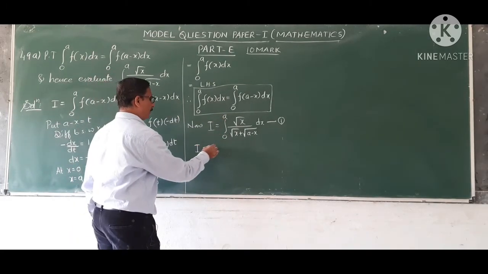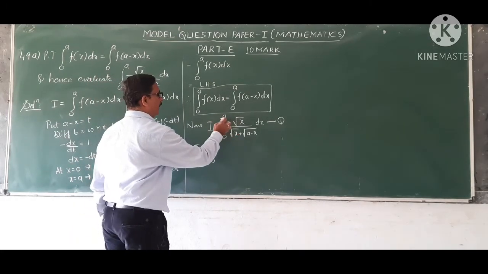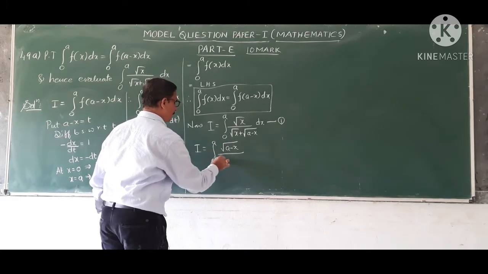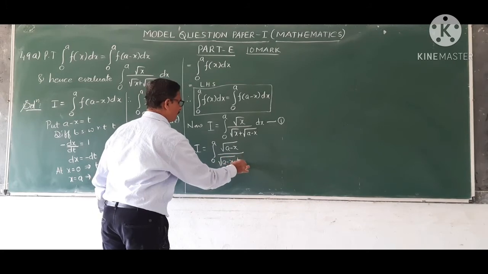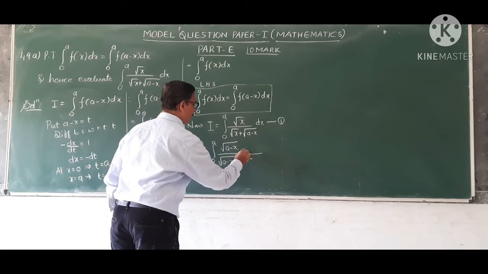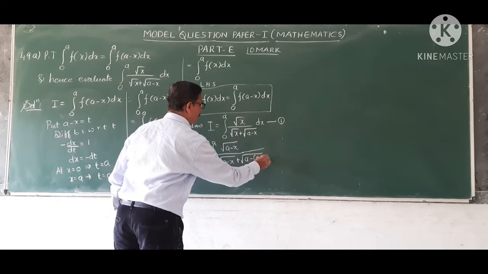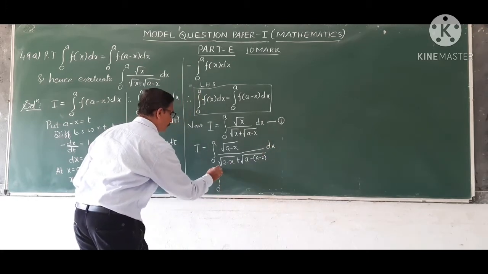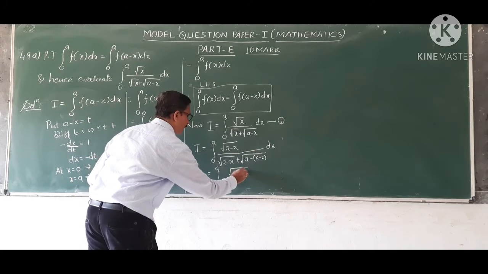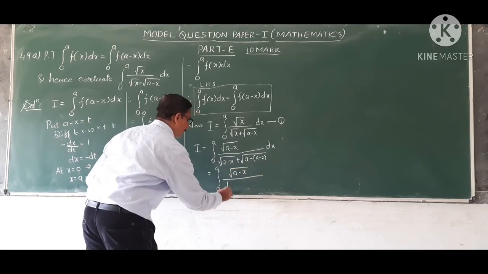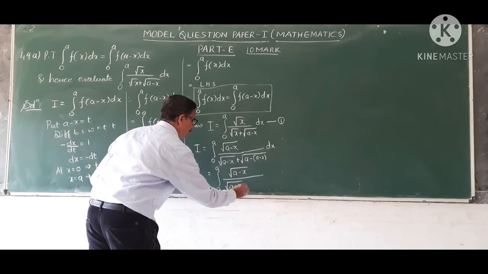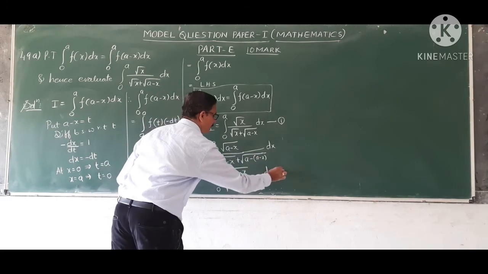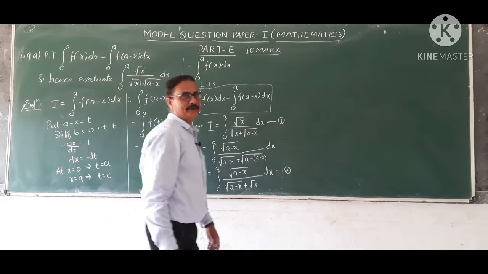Apply that property, x changes to a minus x, that is root of x changes to root of a minus x, and root of a minus x changes to root x, with respect to x. That is integral 0 to a root of a minus x divided by root of a minus x plus root x with respect to x, called equation 2.